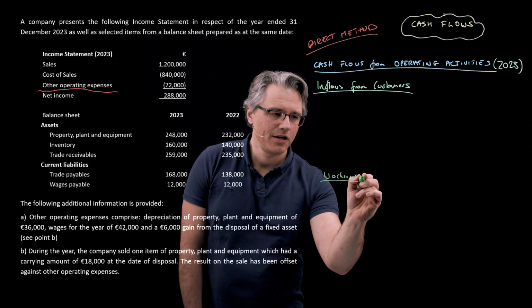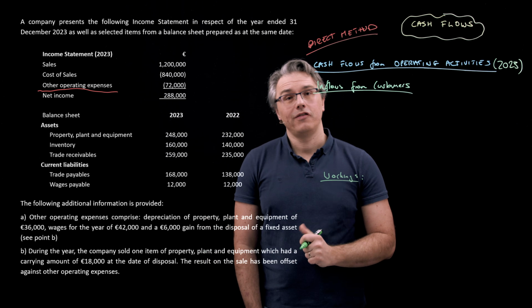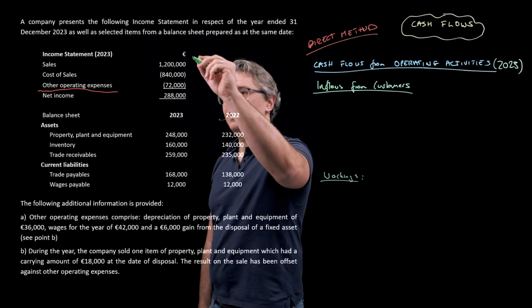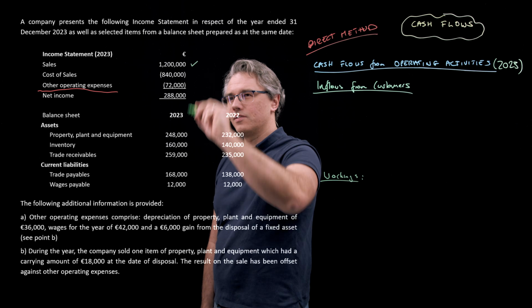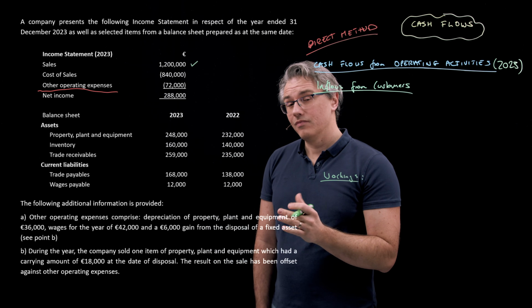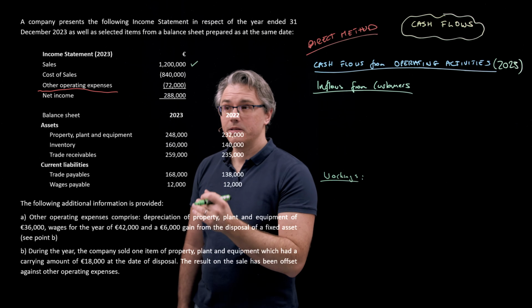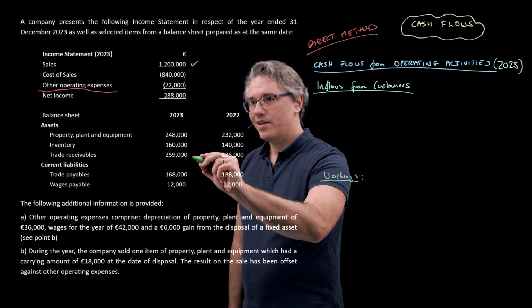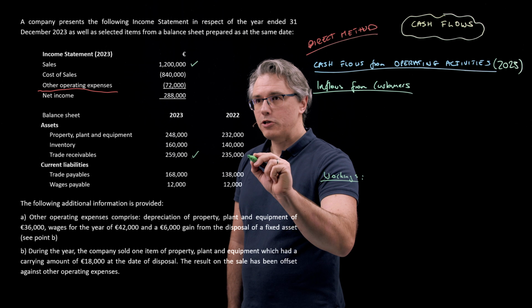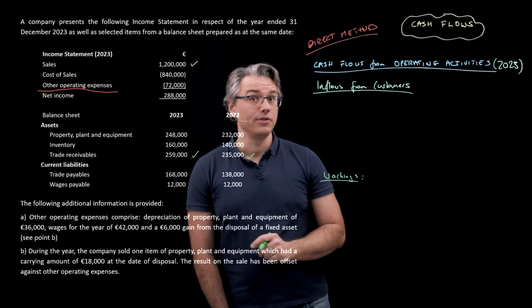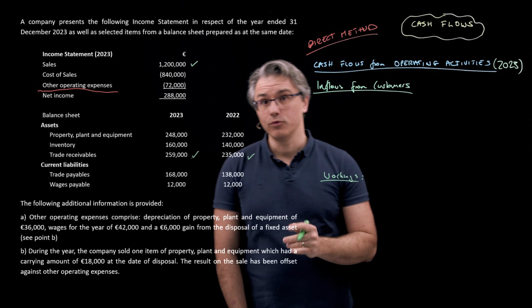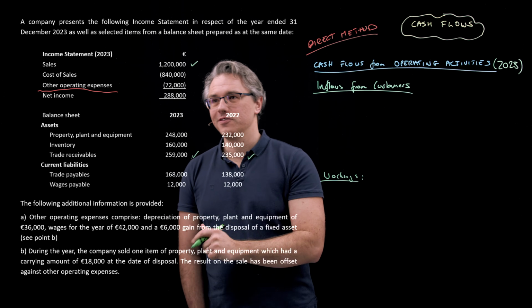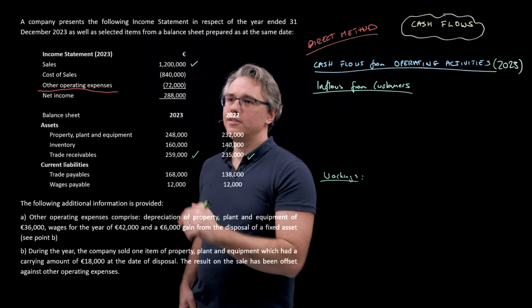So additional computations which will take into account the fact that certain income statement items such as sales revenue correspond to certain items within the balance sheet. And in the case of sales, it's going to be this line, trade receivables, for which we've got numbers at the end of 2 years, 31st of December 22 and 23.